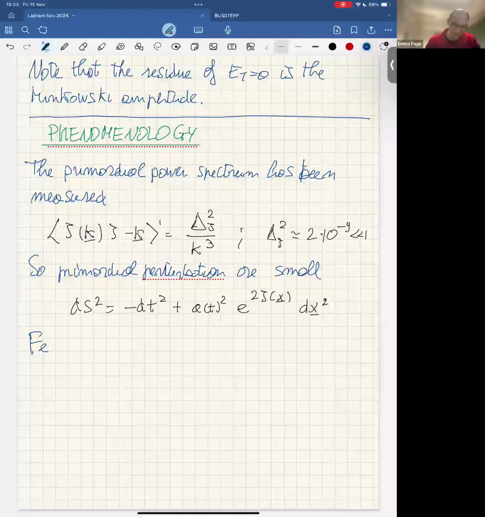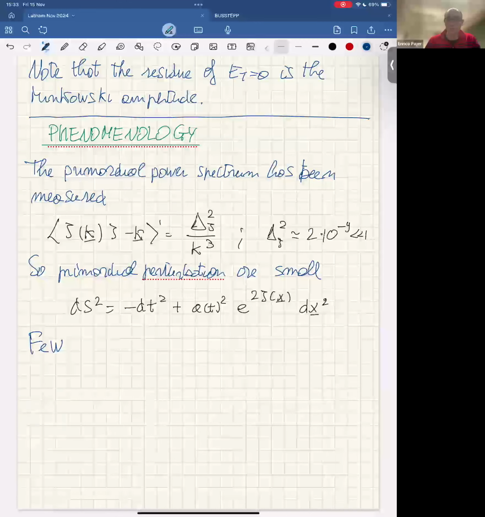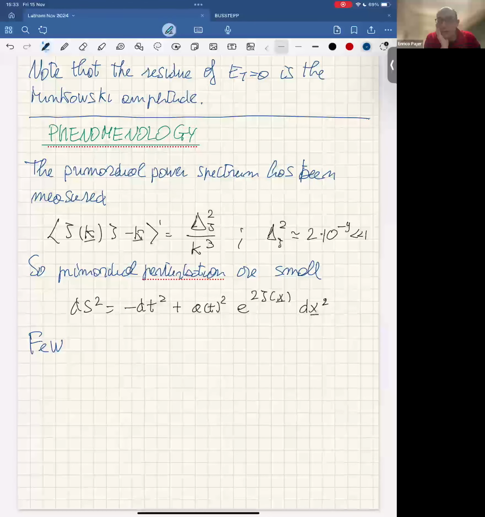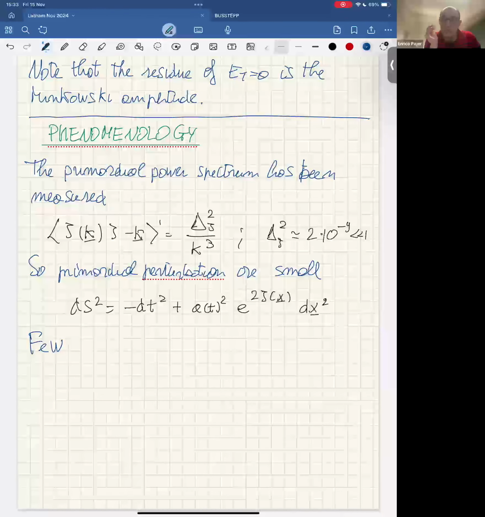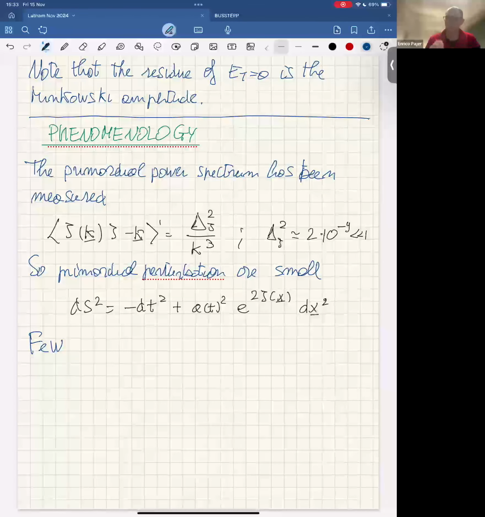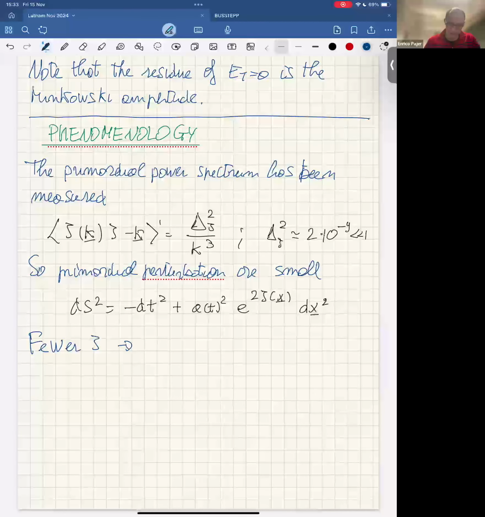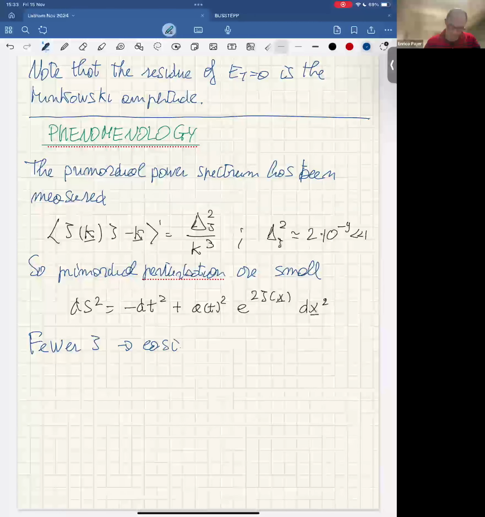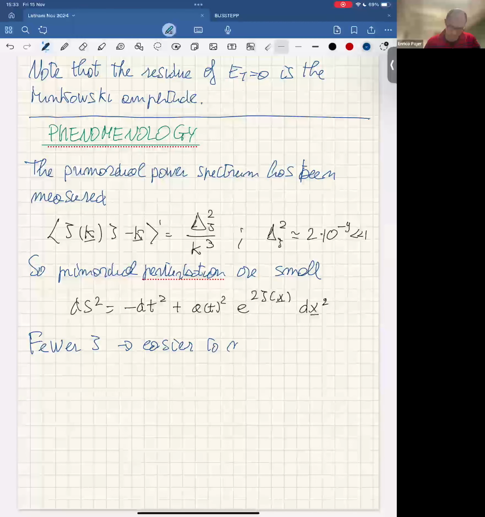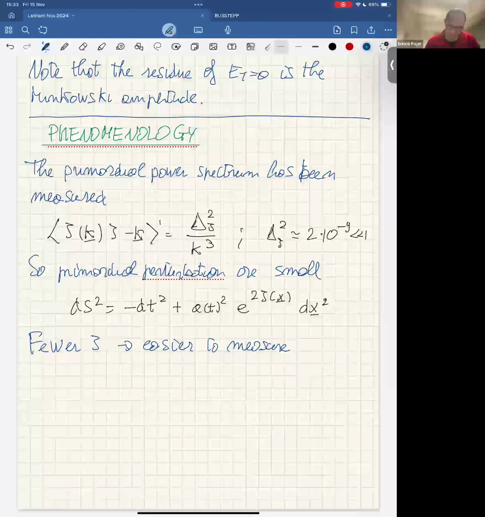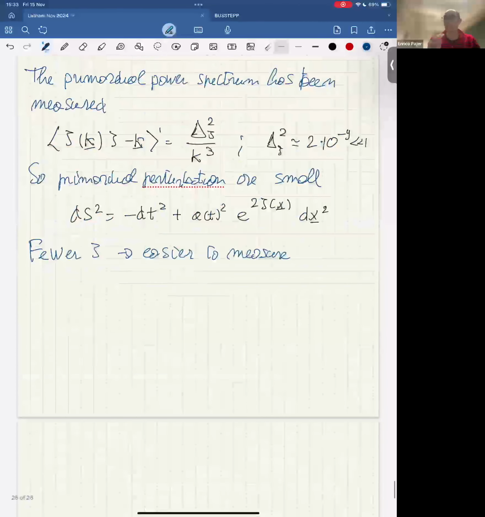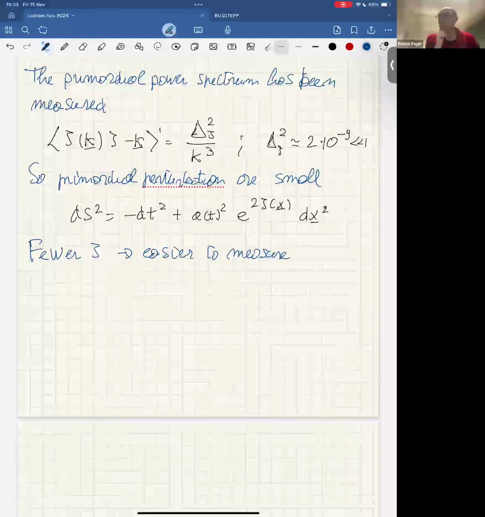Because this zeta is so small, if you're trying to compute a correlator with many zetas, like zeta cubed, zeta to the 4th, zeta to the 5th, it's very small because you're multiplying by 10 to the minus 5 every time. So the fewer zetas you have, the easier it is to measure. So people are looking for mostly the 3-point function, the correlator of zeta cubed.